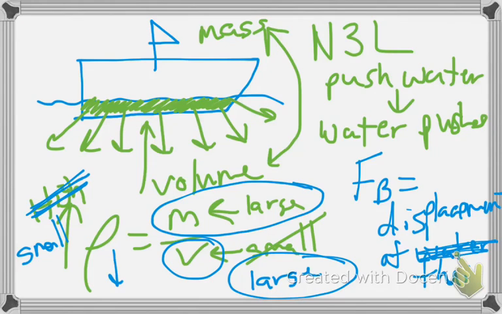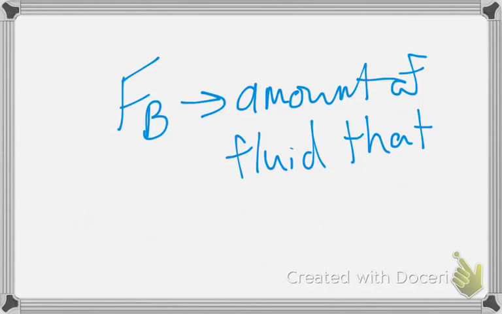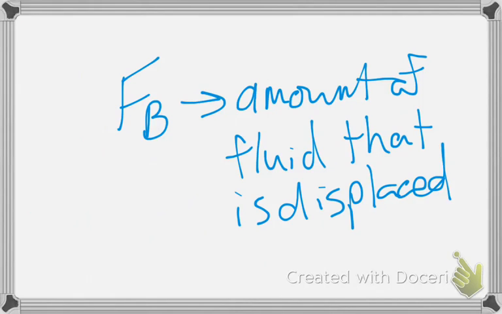So the buoyant force here is tied to the amount of fluid that is displaced. Okay, so the amount of fluid that is displaced is what the buoyant force depends on.